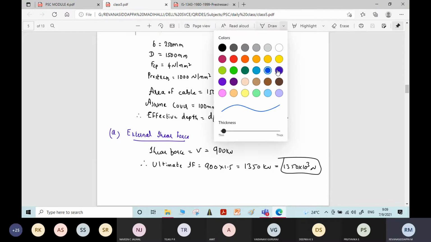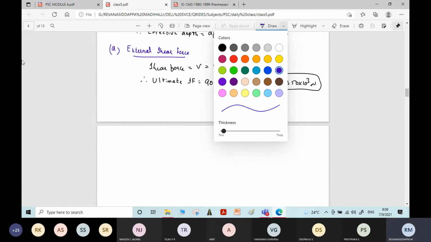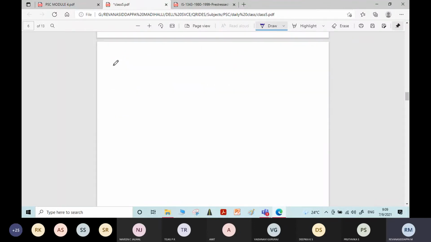Write the headline as Step B, internal shear resistance.